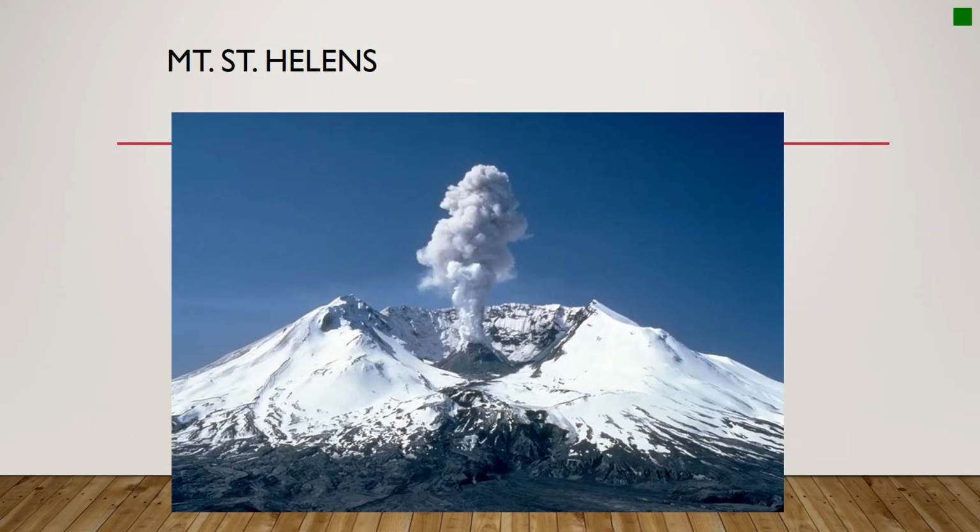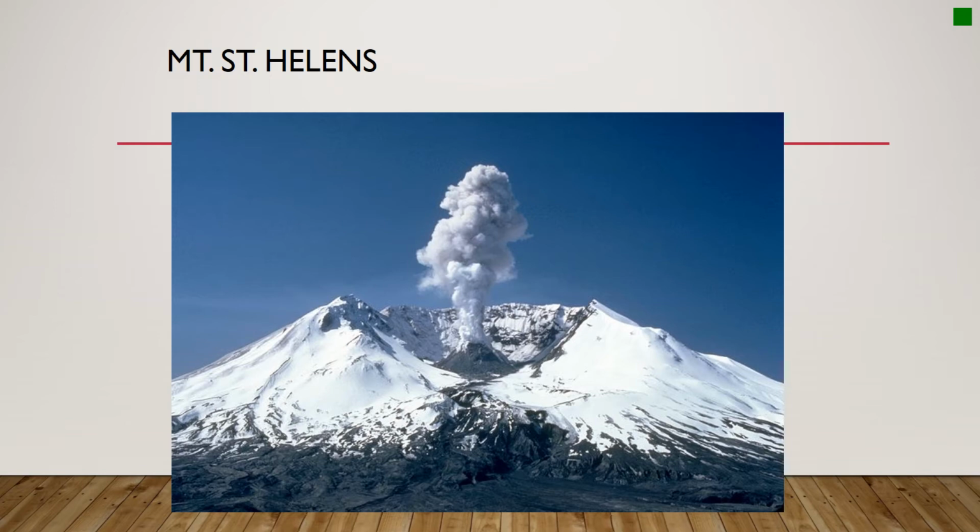Alright, and on this slide, we see Mount St. Helens. This is in the state of Washington here, United States. And as you can see, this is a volcano that erupted back in 1980, and you can see here how it blew a good portion of the mountain apart.